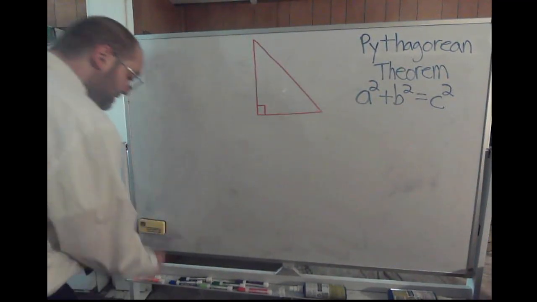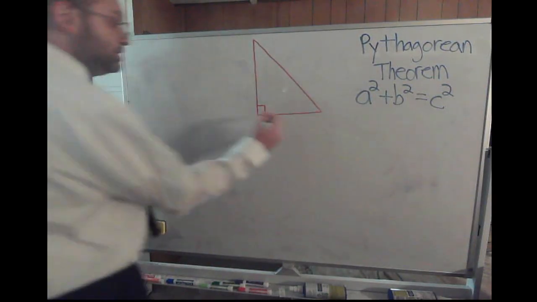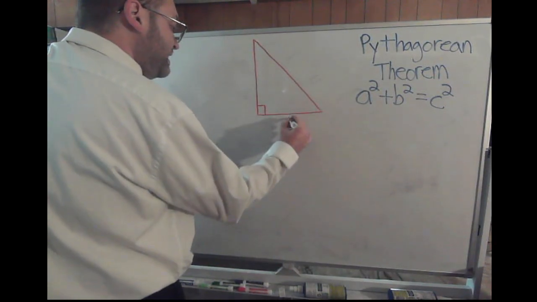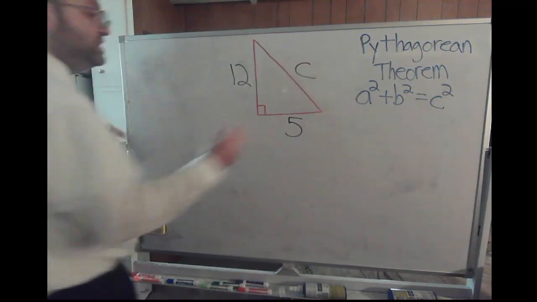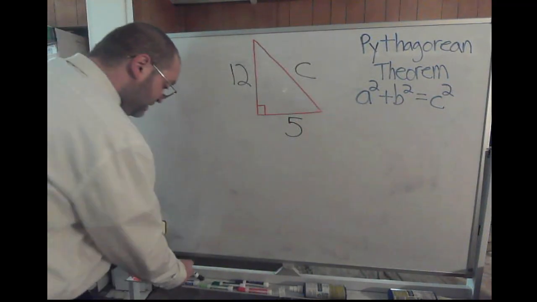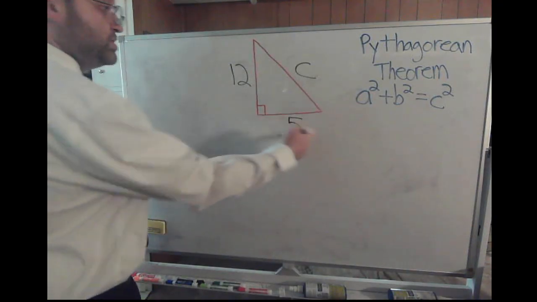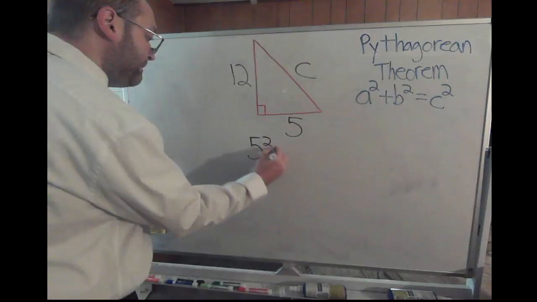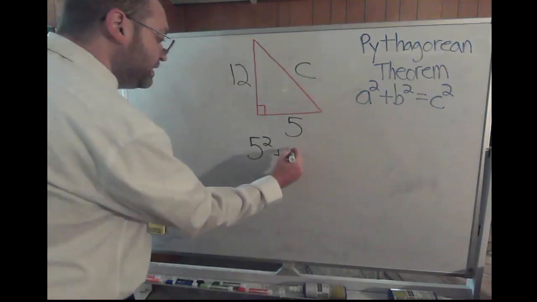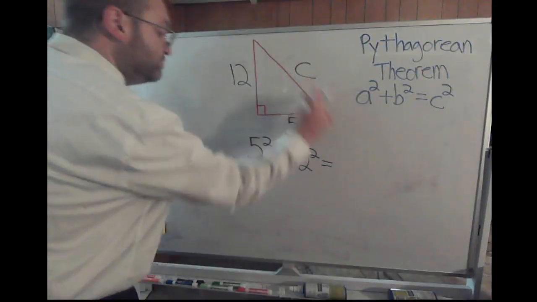All right, what do we got next here? See, side A has a length of 5, side B has a length of 12, and then we don't know C. So, what we're going to do, take 5 squared plus our 12 squared, we'll set that equal to c squared.